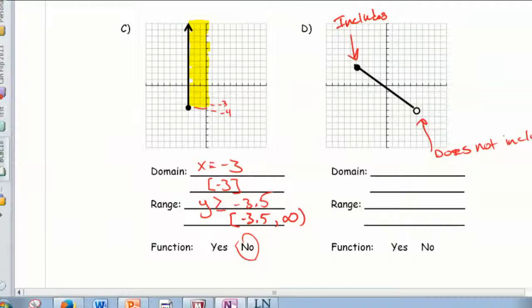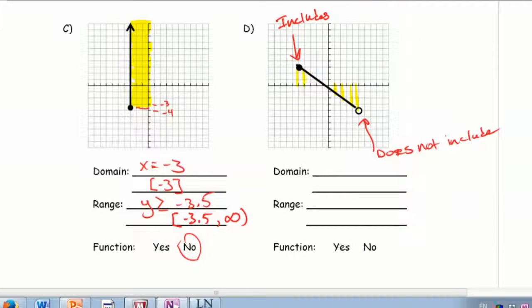So, x values, domain. If I think about it in terms of my graph here, I'm using all of these x values from here to here. I need to figure out what my smallest x value is, which is going to be right here, and what my largest x value is, which is going to be right here. And then I can go from there.